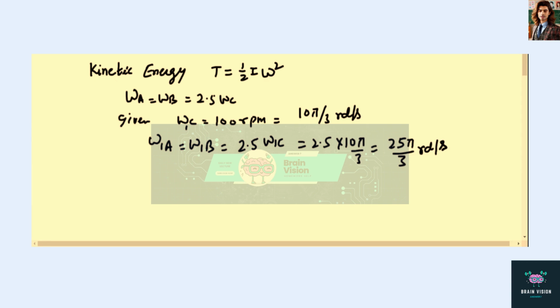Initial energy of gear A is half moment of inertia times omega square. You have to use this relation, with the moment of inertia we have calculated of each individual gear and the angular velocity. So T1A will be 2.9609 joules.